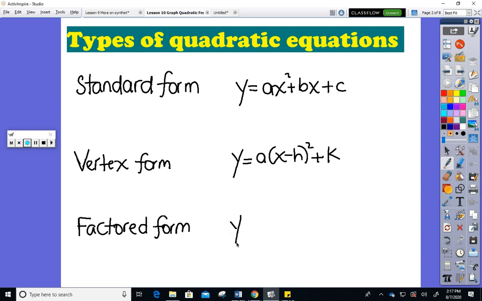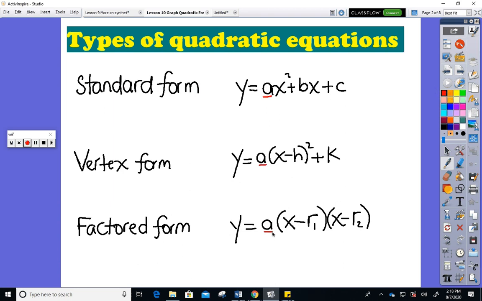Factored form is y equals a times a factor, and we'll say (x minus r sub 1), for root 1, times (x minus r sub 2), for root 2. Sometimes these forms overlap each other, but I want to mention that you see an a in all of these.